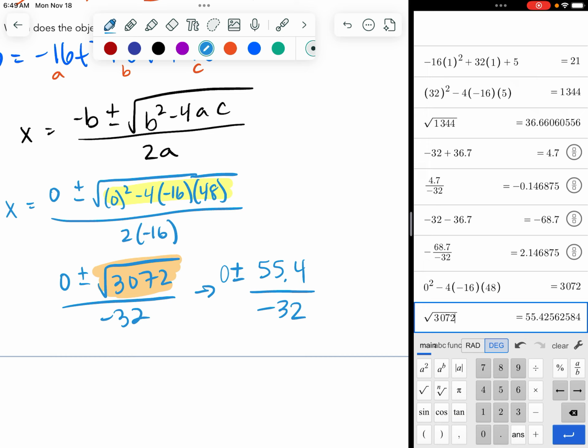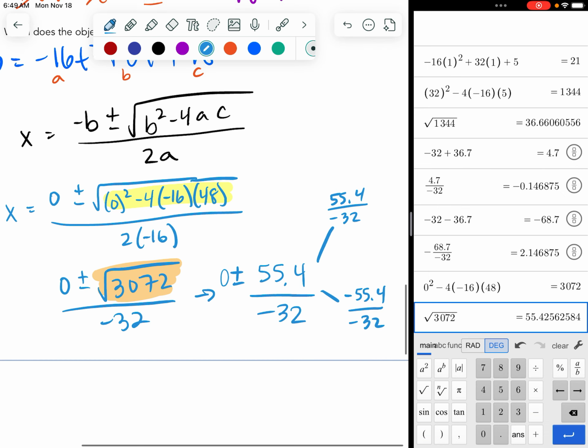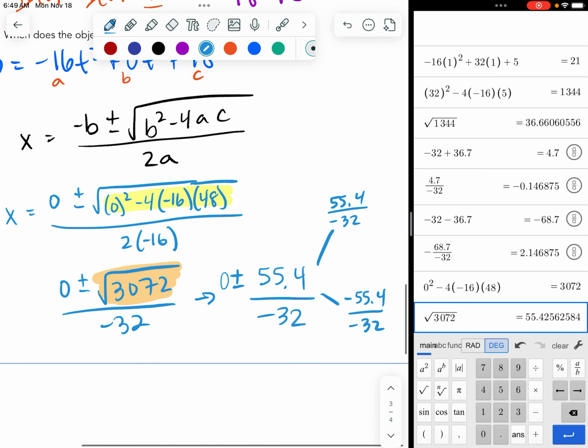Okay, so now remember we need to do two things. This is positive 55.4 divided by -32, and then negative 55.4 divided by -32. Okay, so last thing here, why don't you guys type both of those in your calculator? Remember, one's going to be a good answer, one's a bad answer. Figure out which is which.